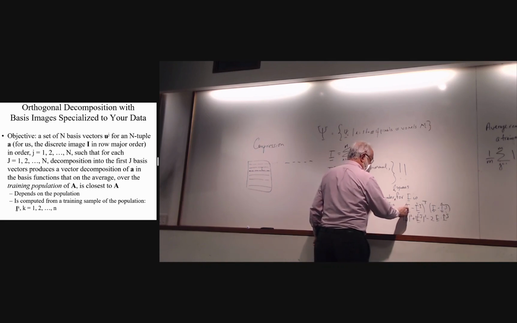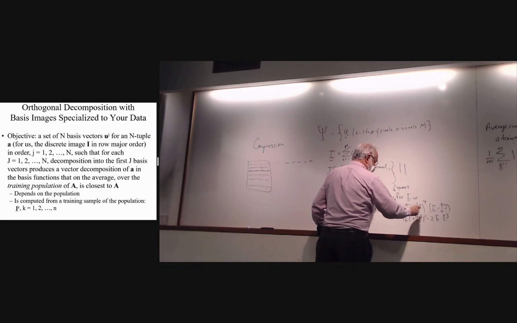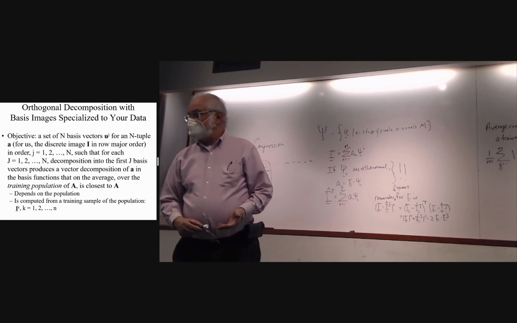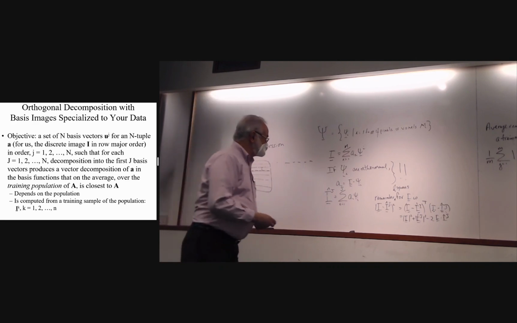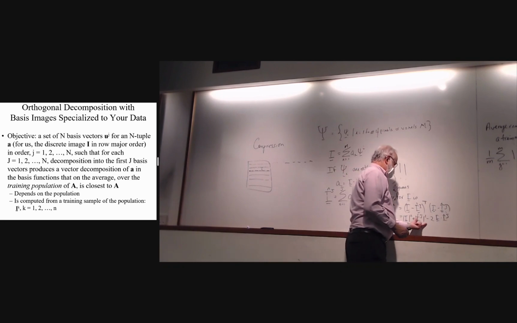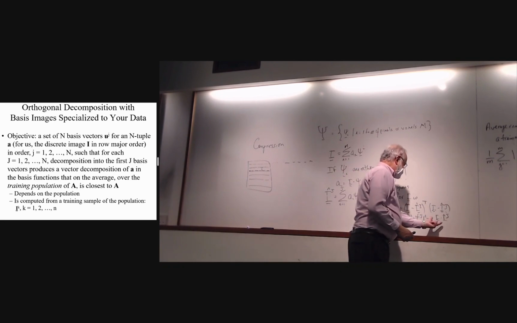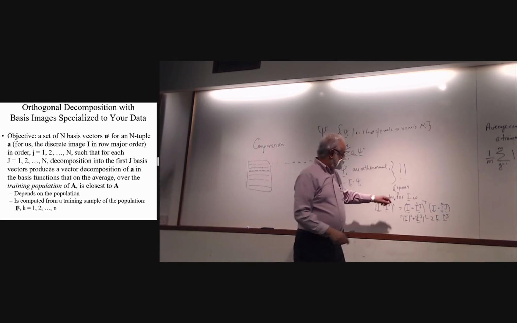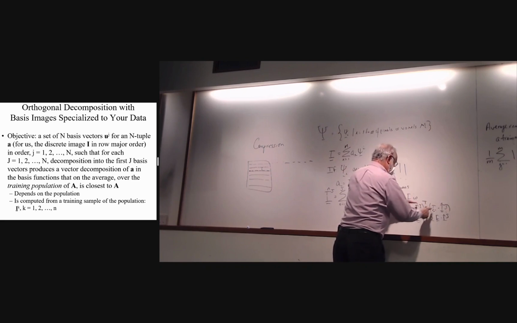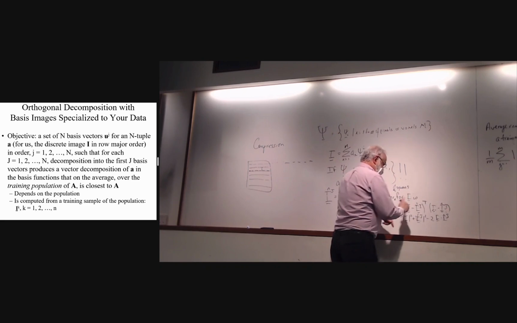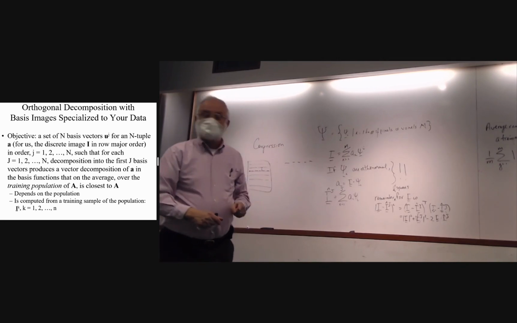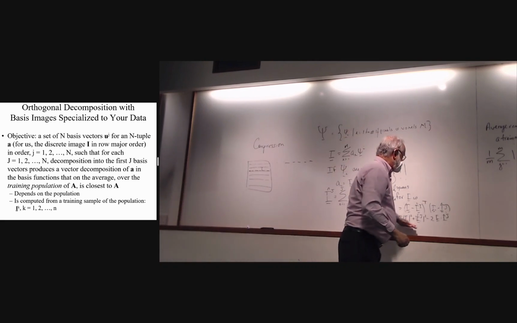So you get I transpose I, which is the sum of the squares of the image pixels. You get the sum of the squares of the approximation pixels, and minus twice the dot product between I and I hat J. You get I dot I hat J with a minus, you get I hat J dot I with a minus, but it doesn't matter whether you do a dot b or b dot a, right? So we're going to be interested in this formula.